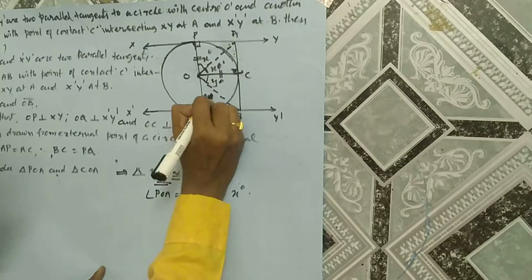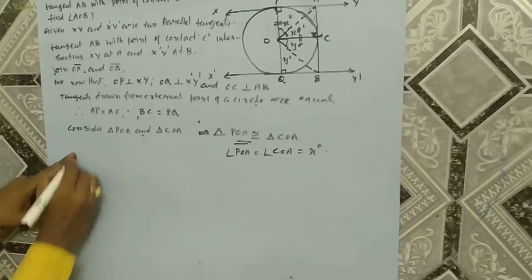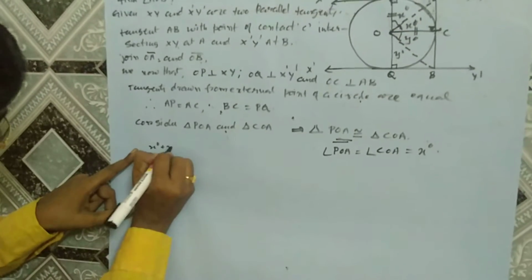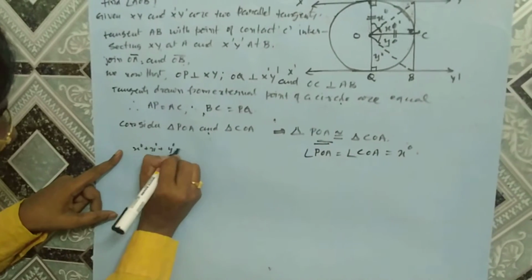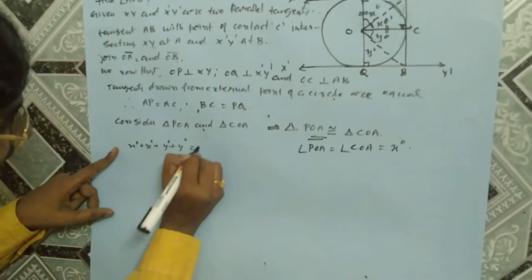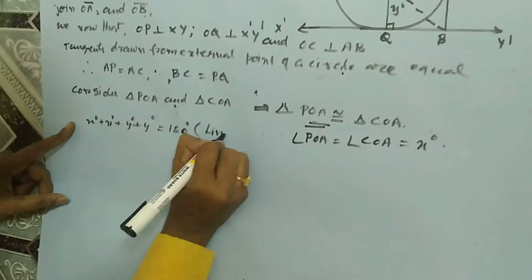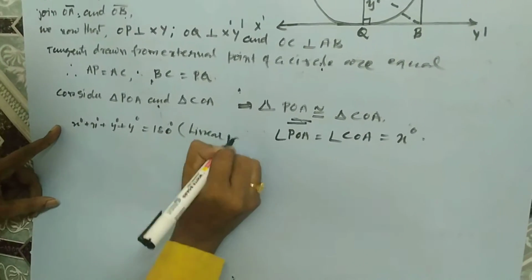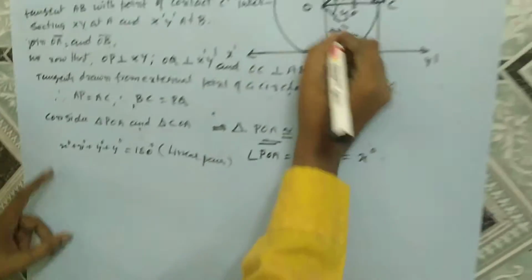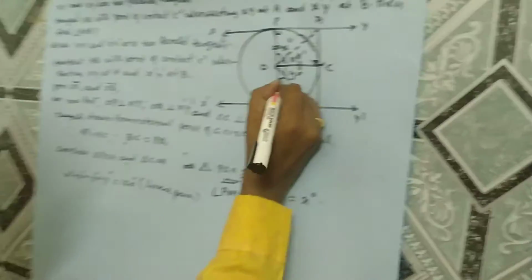Let these be y degrees and y degrees. x plus x plus y plus y equals 180 degrees, because of the linear pair: in a straight line, all the angles sum to 180 degrees.